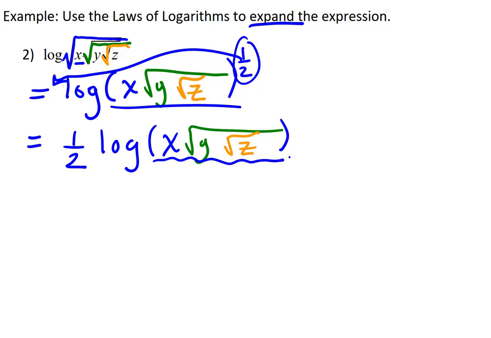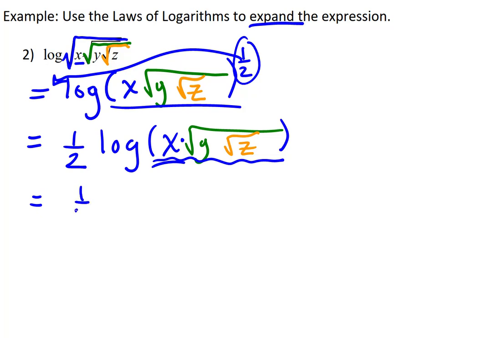Inside there, if you consider the x times the green root, the root of y times square root of z, that's really another product, which means our next step is to split that. We can't really start to unpack the next root until that root is covering the entire input of the log, but it's not at this point. We have this x times the green root that remains. So let's go ahead and split this another step.